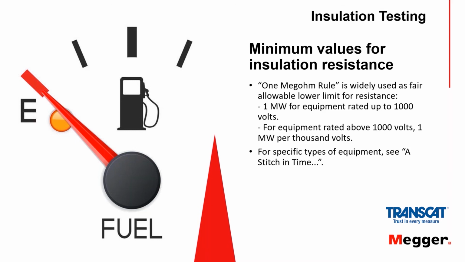If it was good the last time you tested it, you didn't take it out of service, and you're holding that value, you don't have too much to worry about, even though it may not be terribly high, because you could have distributed leakage, which is where the insulation is just passing a relatively constant amount of leakage throughout the body of the insulating material. And that's not all that bad.